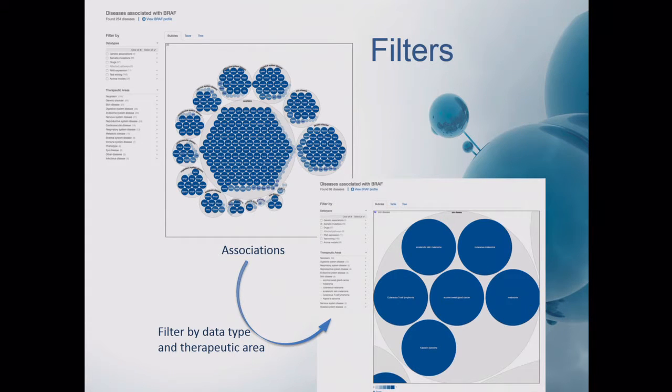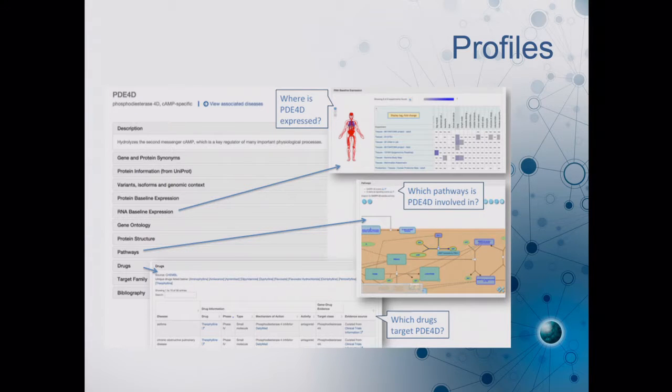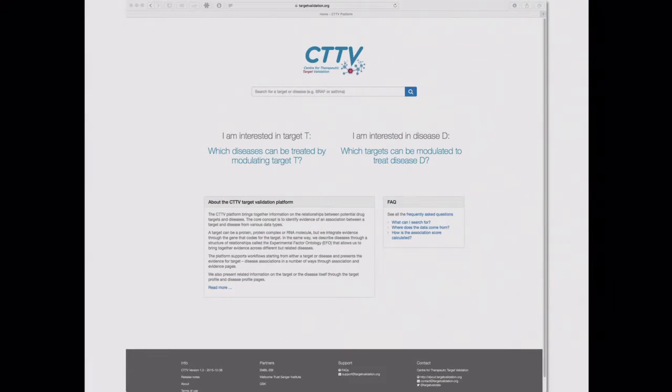So if you have a set of associations, can you filter them by the types of data that support them, and by the therapeutic area that's involved, or by which pathways those specific targets occur in? And then the final concept is profiles. Once you've identified a target that you're interested in, what ancillary information is there that you'd want to see to try to assess whether that target is of interest for you and your approach to drugging it? And so that would be in this target profile page.